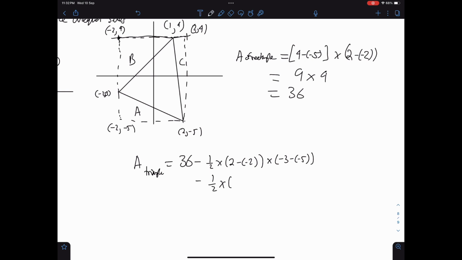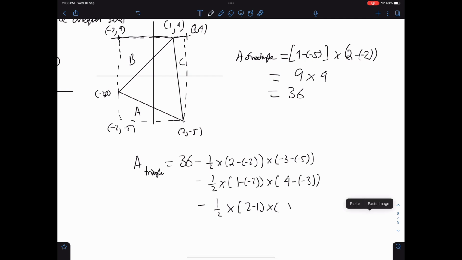So we'll do the base first actually. So go 1 minus -2 times 4 minus -3. And we finally minus half times 2 minus 1 times 4 minus -5.